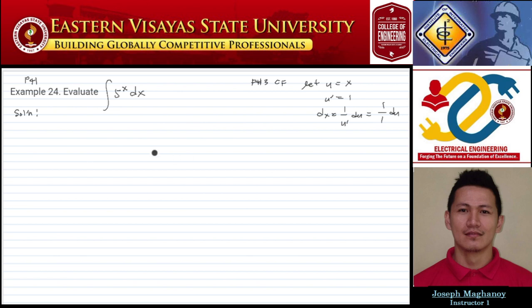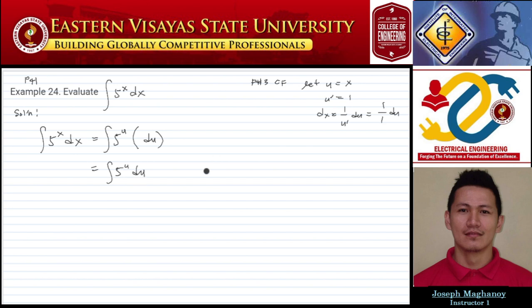So we have a correction factor of 1. Apply: integral of 5 to the x dx is equal to integral of 5 to the u. Apply our correction factor dx du. Okay, so integral of 5 to the u du.